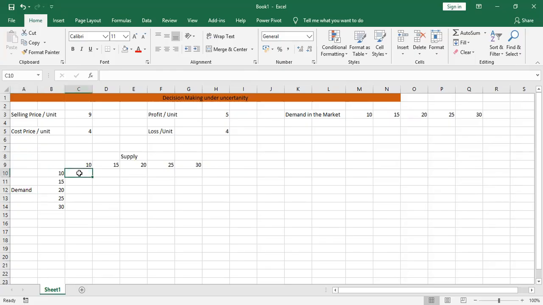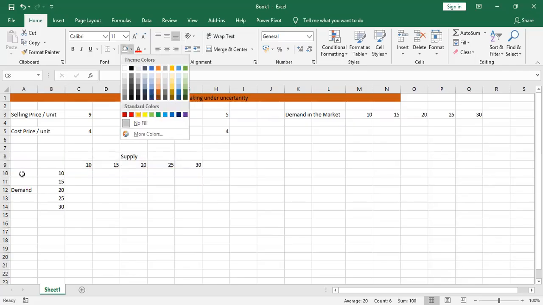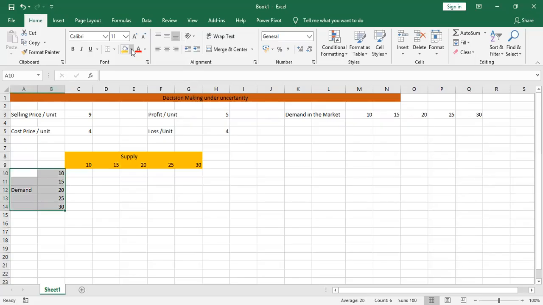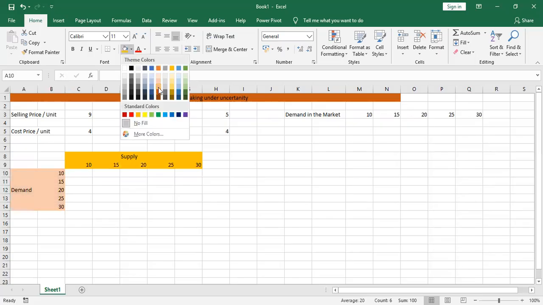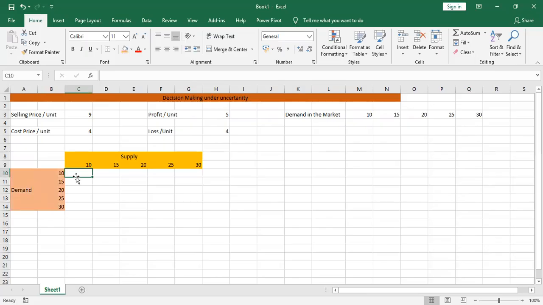If I supply 10 unit and demand is also 10 unit, this is my supply part and this is the demand pattern. If I supply 10 unit and 10 units are sold in the market, demand is also 10 units.